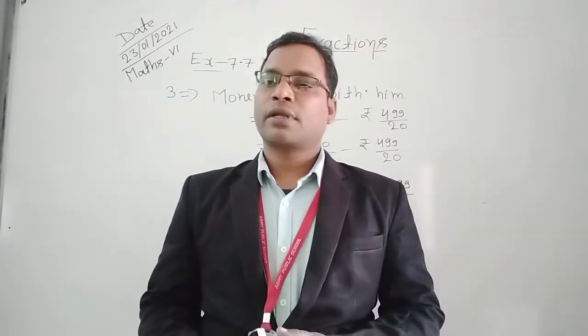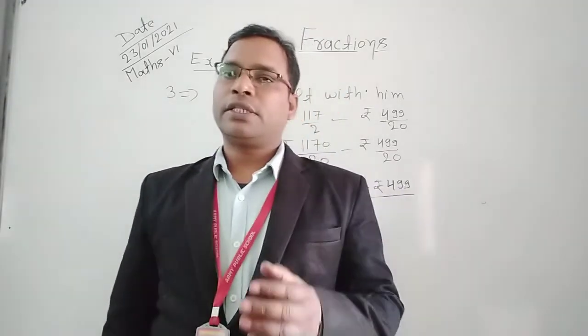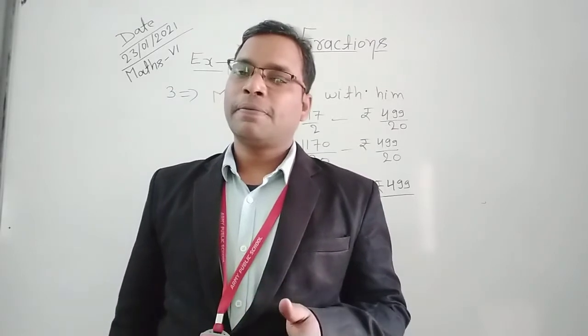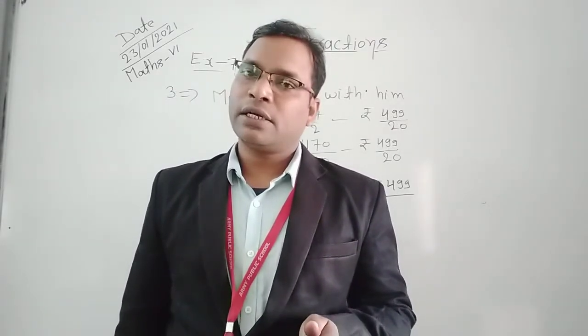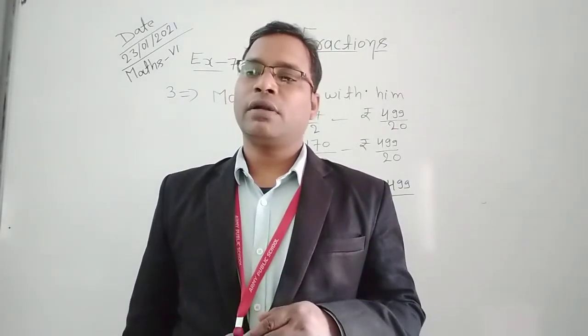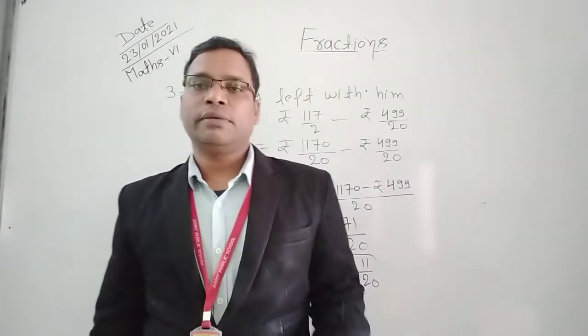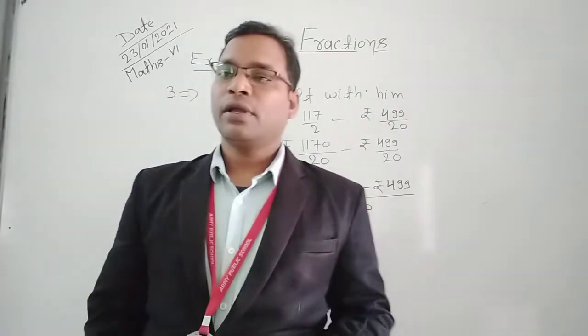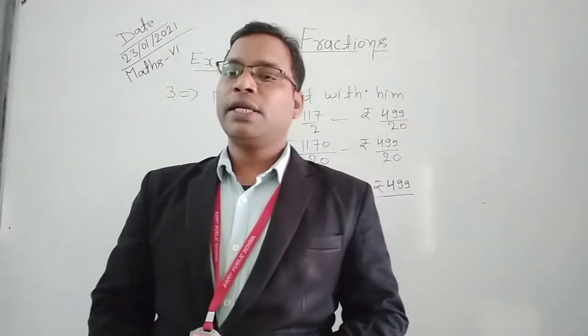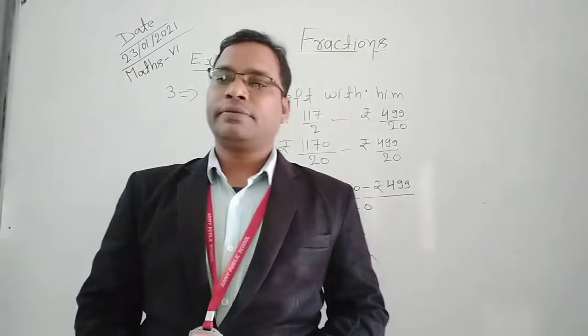when he spent 18 and 3 by 4 on food and 6 and 1 by 5 on other needs. This is clear? So students, I repeat this question again. A laborer one day earned 50 and a half.